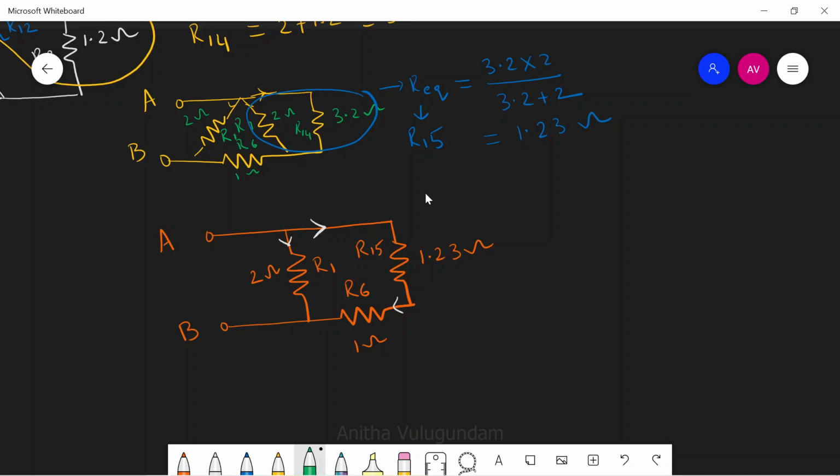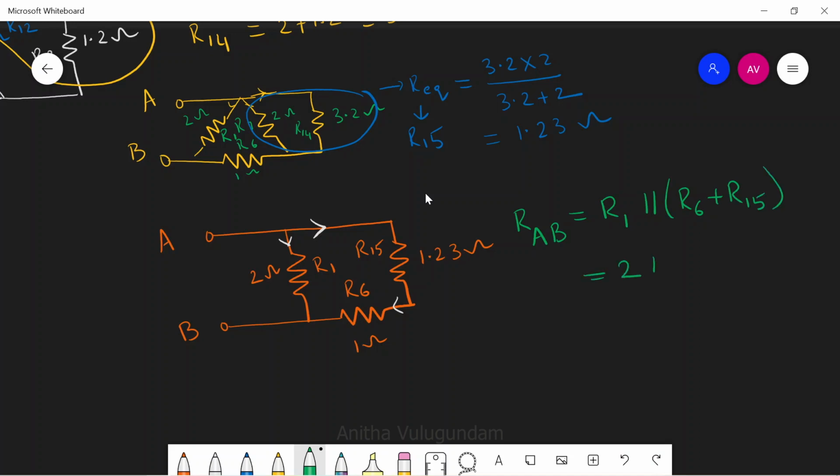So we can write total resistance or equivalent resistance across AB equal to R1 parallel to R6 plus R15.